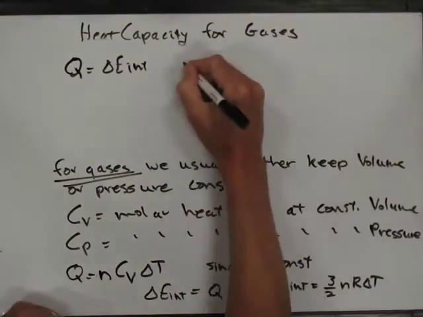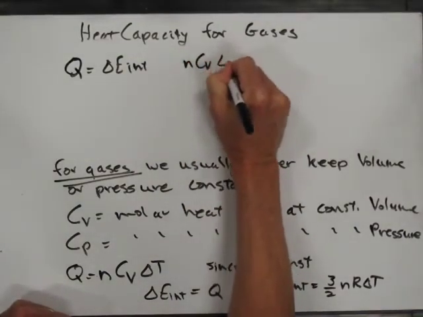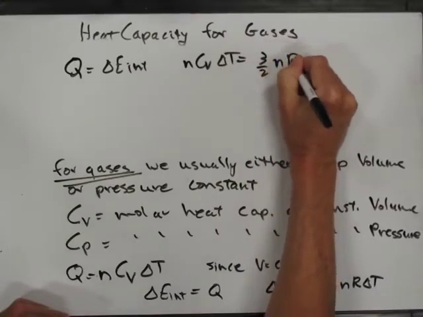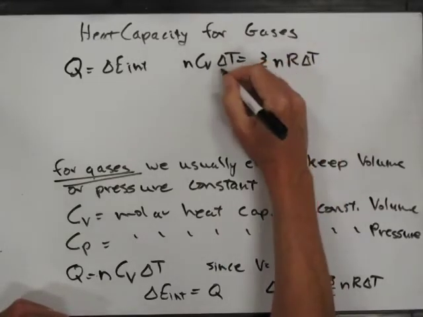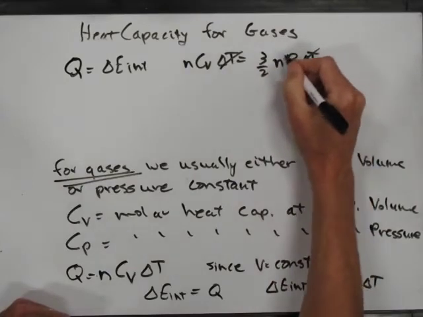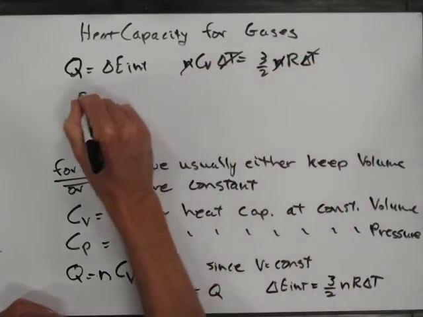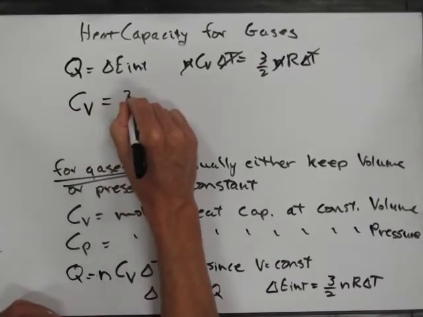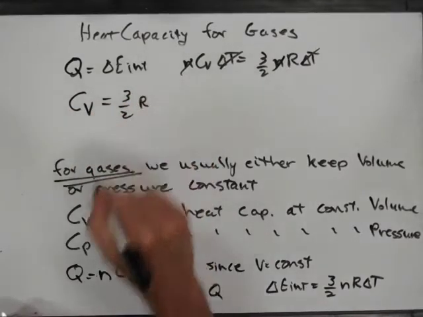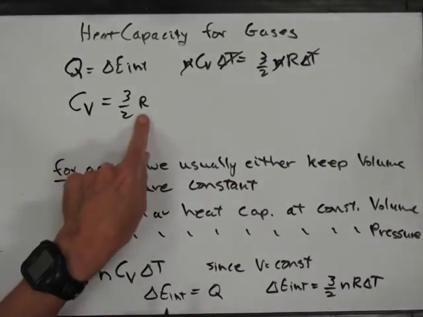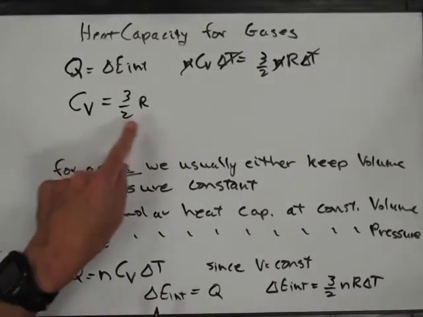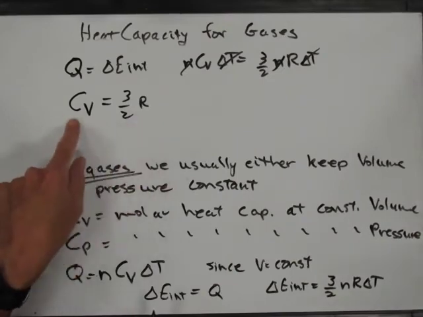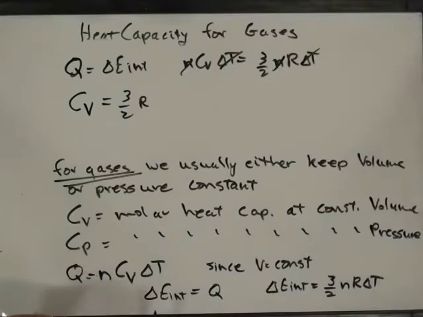That means that n times CV delta T is equal to 3/2 nR delta T, right? The delta T's cancel, the n's cancel. And we get, for a gas held at constant volume, the molar heat capacity is 3/2 R, and that's just the universal gas constant. So any ideal gas has a molar heat capacity at constant volume of 3/2 times R.